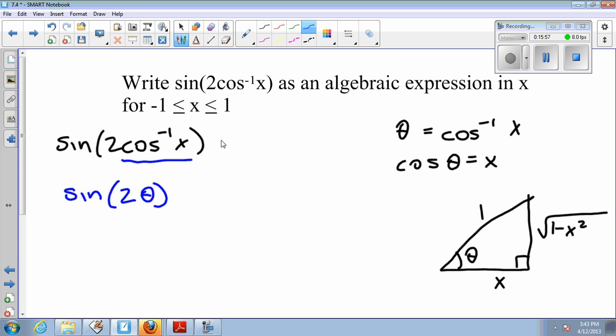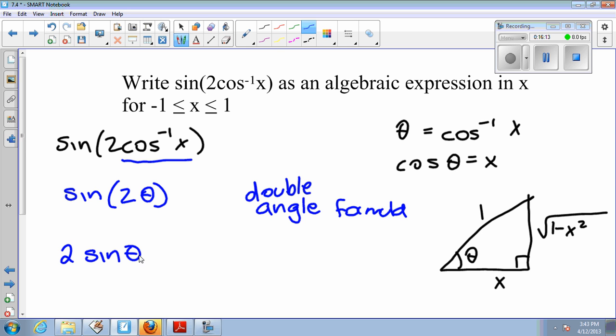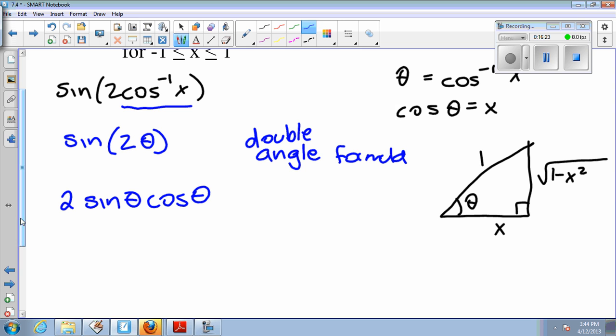And from our previous lesson, we can use our double angle formula and change this to 2 sine theta cosine theta. So now we're in sine theta and cosine theta, which we can use our right triangle to find.